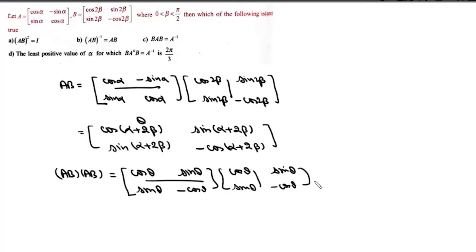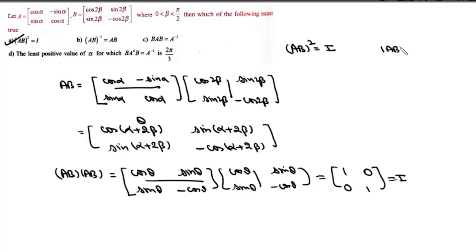Now we multiply them, we get cos square theta plus sin square theta, which is 1. This is sin theta cos theta minus sin theta cos theta, 0. Sin theta cos theta minus sin theta cos theta, it is 0. And this is sin square theta plus cos square theta, which is 1. So from here we get this condition that (AB) square is equal to I. That means this option A is correct.